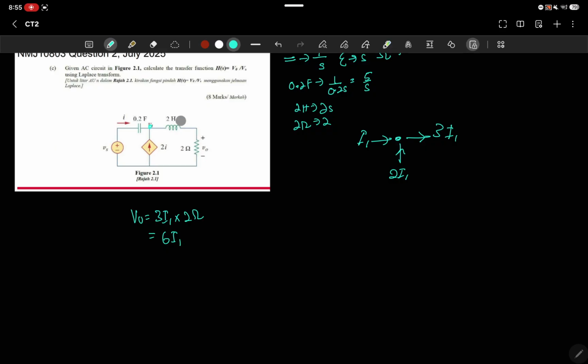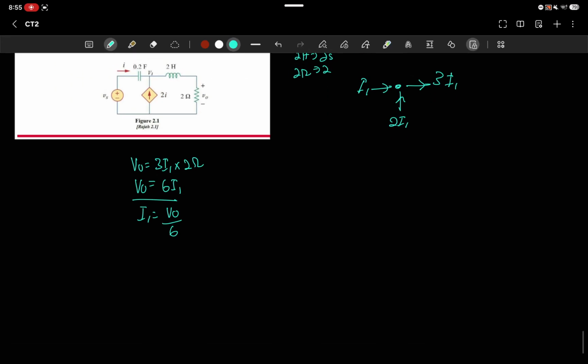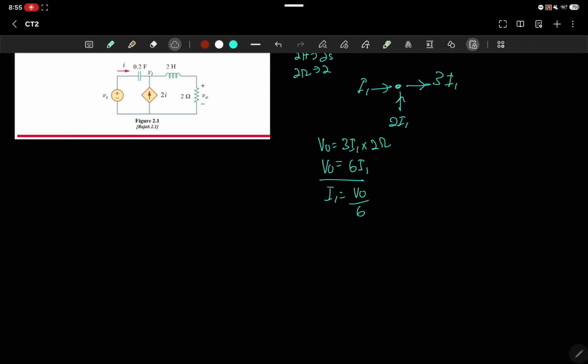Now we know that VO is 6i1. Using this, we can make it that I1 is equivalent to VO by 6. We just replace the mathematical equation there. Right, now we will put this aside.